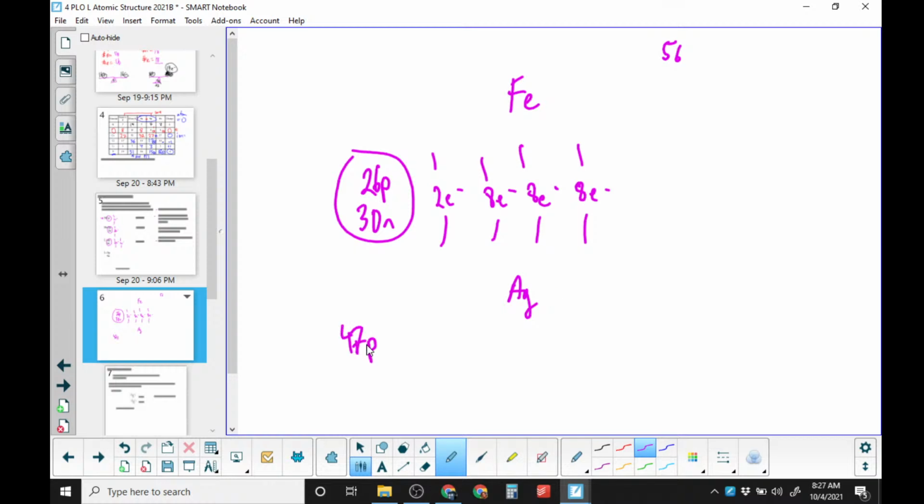Its estimate for the number of neutrons, silver weighs let's say 108. With 47 protons, how many neutrons with that? 52. Hold it. From 108? 61.